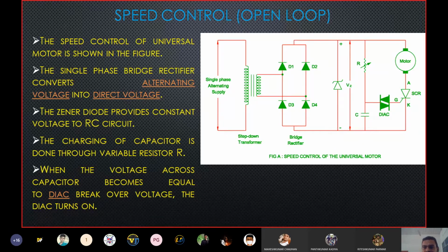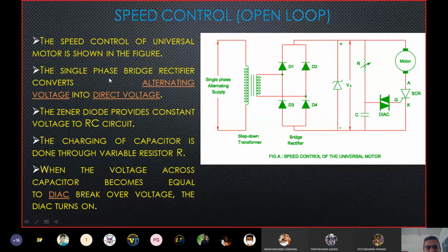This is the variable resistor and capacitor, both connected in series, that is an RC series circuit. Here is the diode, here is the SCR, and the motor and SCR are connected in series.